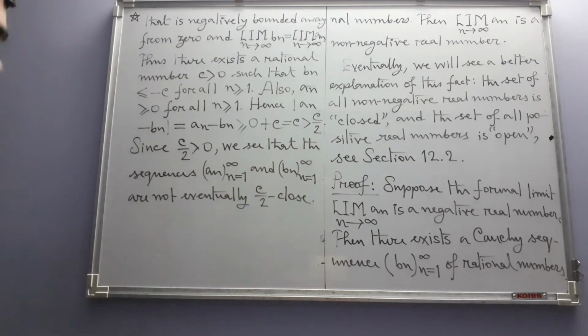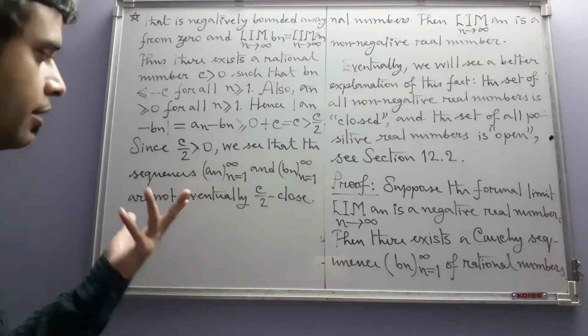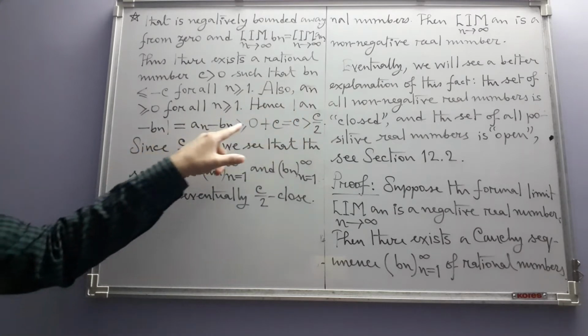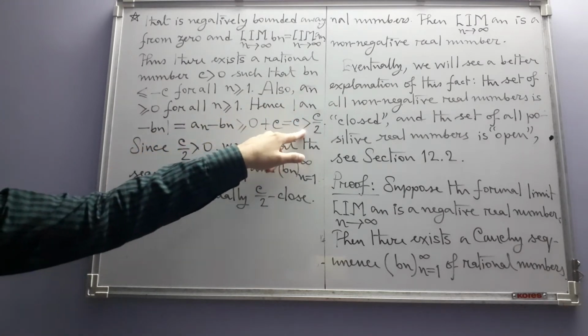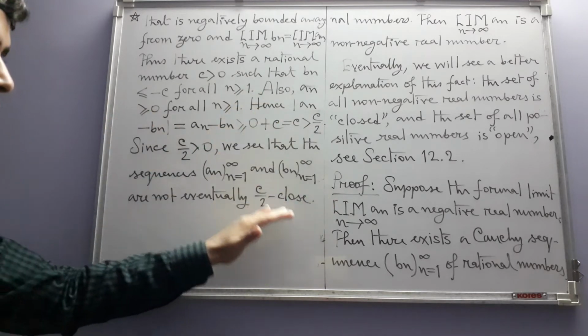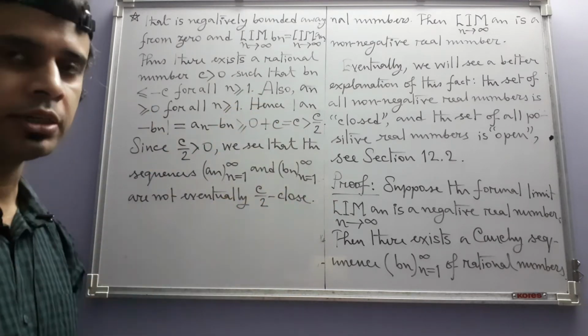Not just not eventually c by 2 close, but in fact they are not c by 2 close at all. Why? Because the distance between an and bn is strictly greater than c by 2 for all n. So no chance of the two sequences being eventually c by 2 close.